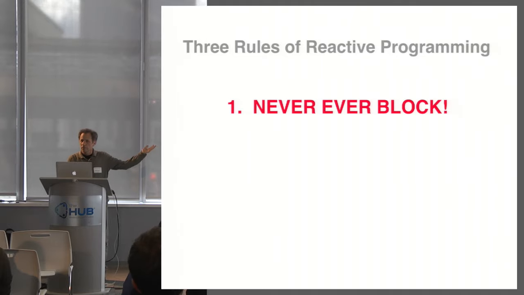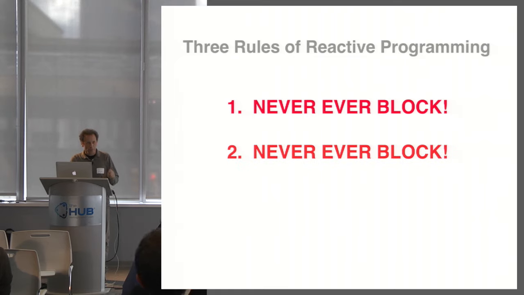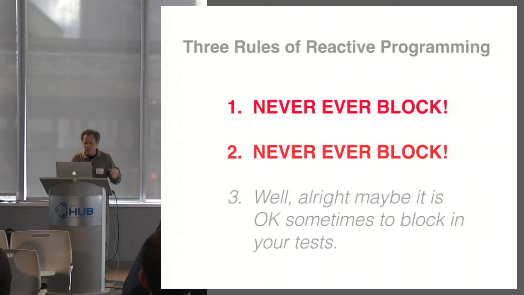And I've seen folks from the company formerly Lightbend have that in big block letters. Never ever block. That's sort of the mantra. So rule number 2 is never ever block, right? But rule number 3 is, well, all right, maybe it's okay if someone's blocking in your test.